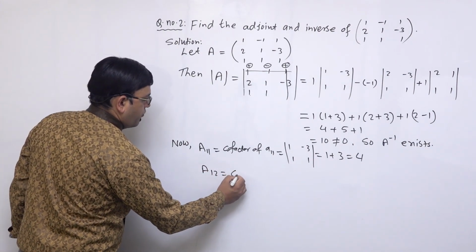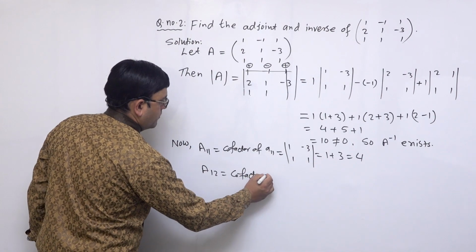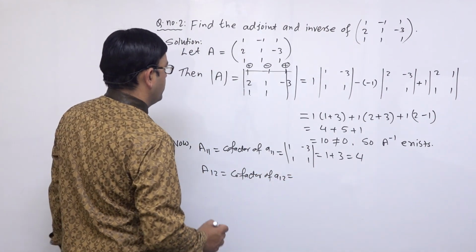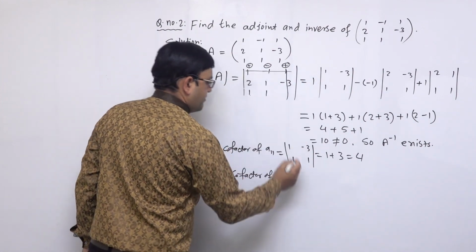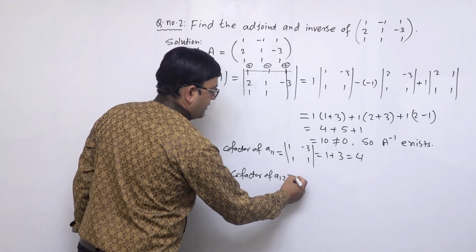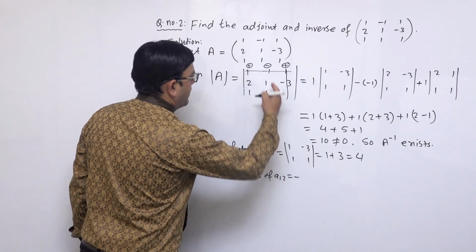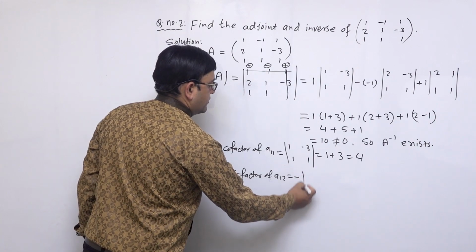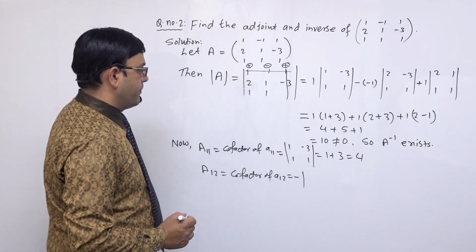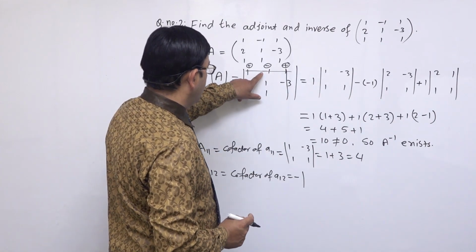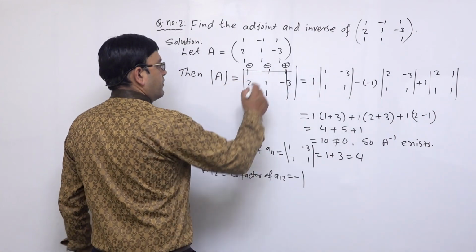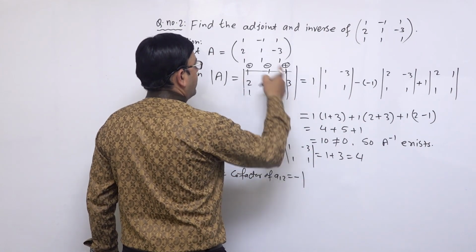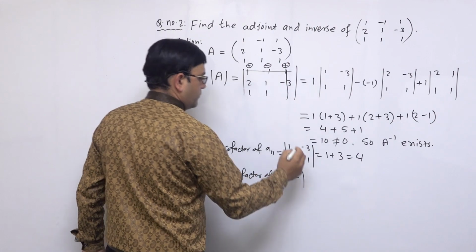Similarly, A12 is equal to the cofactor of A12. Cofactor of A12 is this one, this is minus, and here is again minus 1. Then this row and this column are out, leaving 2 minus 3, 1 1.